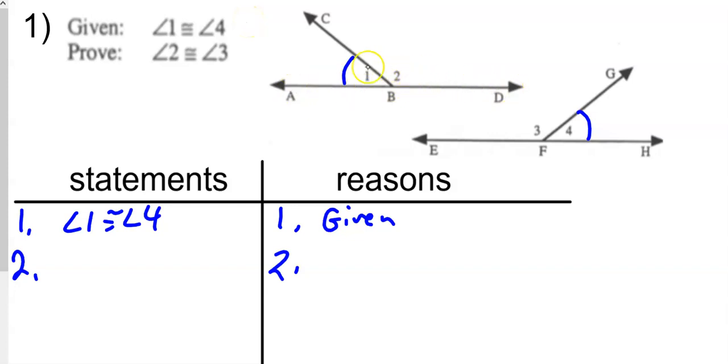Straight angles, therefore we have something that's supplementary. So yes, we definitely have those as supplementary, so we can say a couple different things here. Let's start with this one. Angle 1 and angle 2 are a linear pair, and that's by the diagram.